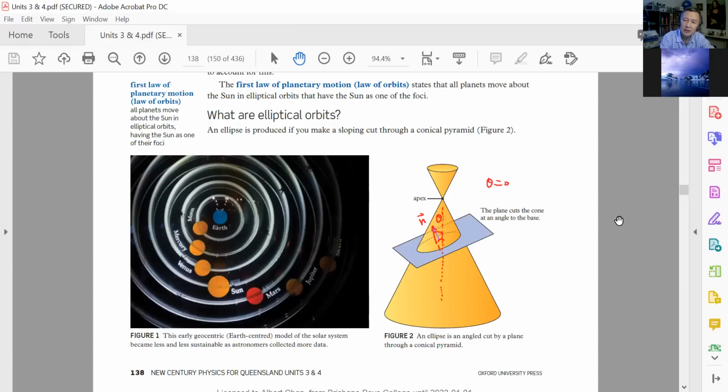But it can be studied, and especially when we approximate the ellipse as a circle, then you can use Newton's law for uniform circular motion. So basically, they're dealing with that.